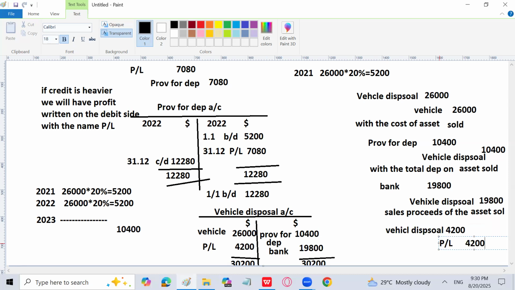If there is going to be a loss, we'll go for the reverse entry. Profit and loss account is going to be debit as an expense and vehicle disposal will be credited. Because it is a profit, profit and loss account will be credited and vehicle disposal is going to be debited. But we used to pass this entry after preparing the T account, after preparing the disposal account. अच्छा, इसको जरा सर अगर ये एंट्री गलत पास हो जाए, हो ही नहीं सकती. देखिए, व्हीकल डिस्पोजल अकाउंट इसको दोबारा पोस्ट करें अकाउंट के अंदर, तो व्हीकल डिस्पोजल अकाउंट हमारा क्या हो रहा है बेटा? डेबिट हो रहा है. कितने से? 4,200 से.